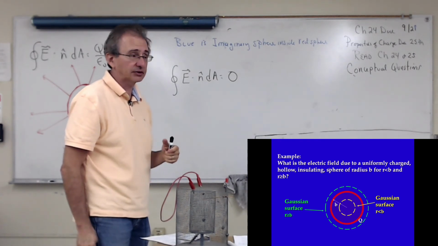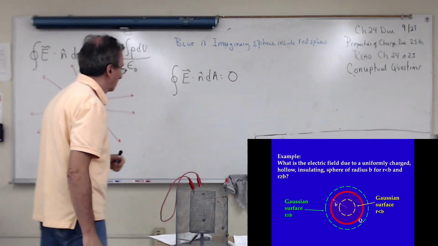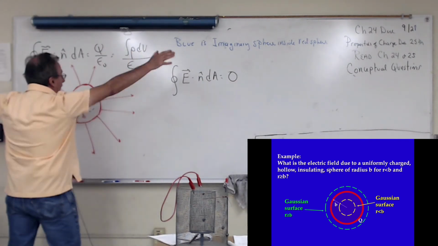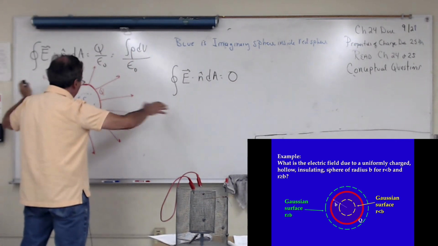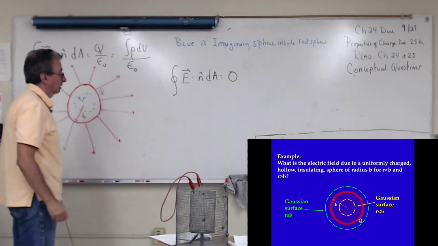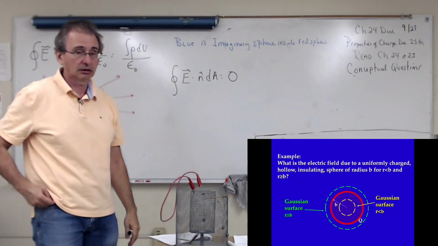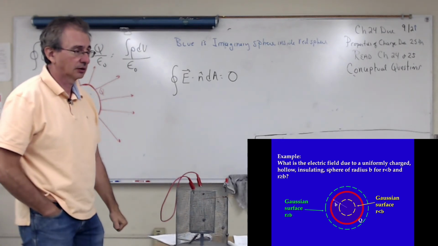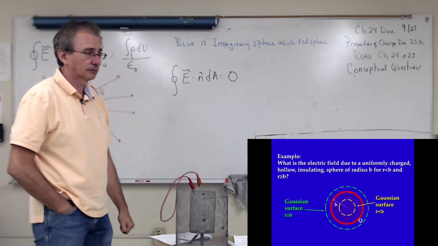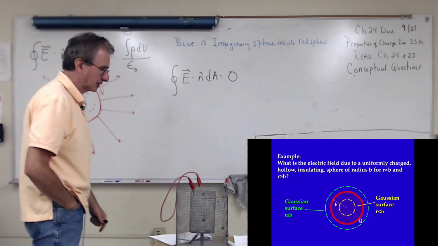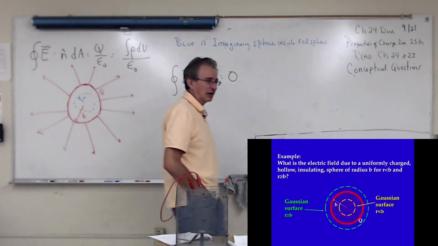Well, if that integral is equal to 0, and there's no charge anywhere other than this thing, then what must the electric field be inside? I'm sure you did a problem like this for gravity, although you didn't use Gauss's law.